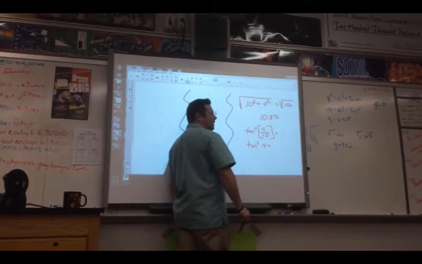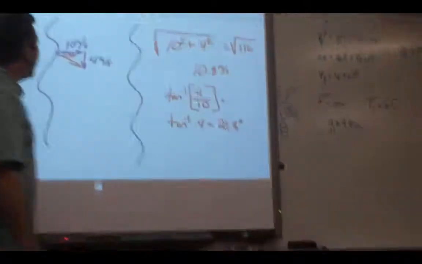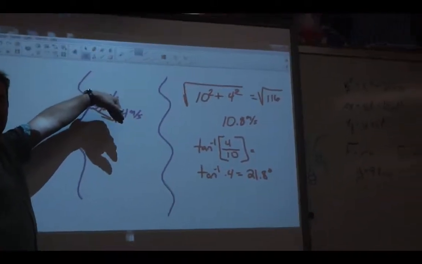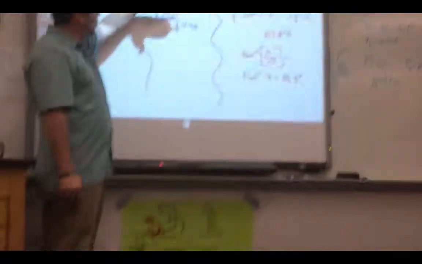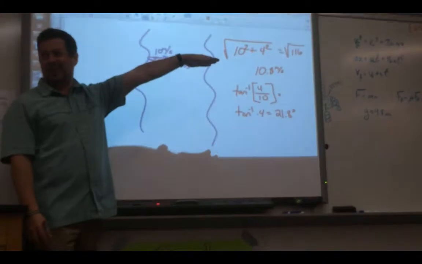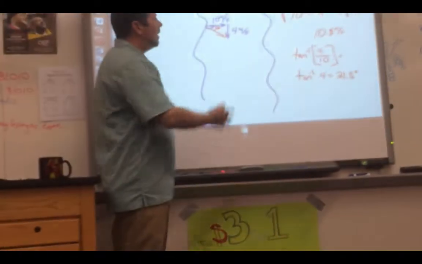Somebody tell me what that is? 21.8 degrees. And how would you say that? Maybe below horizontal or something like that? Or 21.8 degrees downstream from across, right? You'd have to give some direction to it, but there we go.